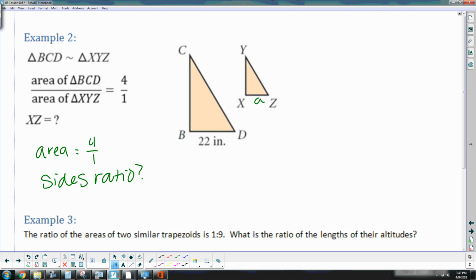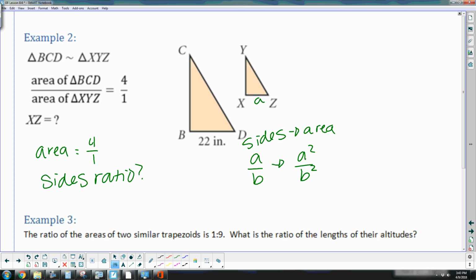But we do know that the sides ratio to the area ratio, so sides to area, is a over b becomes a squared over b squared.